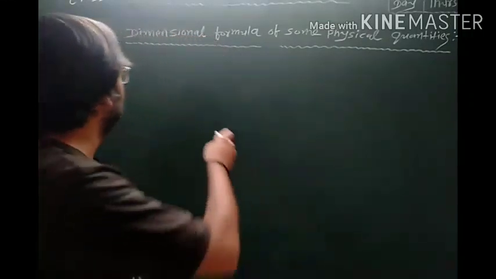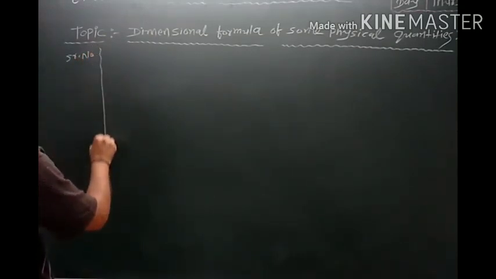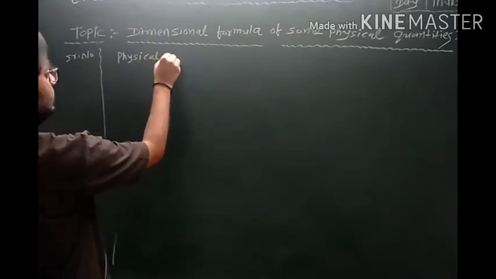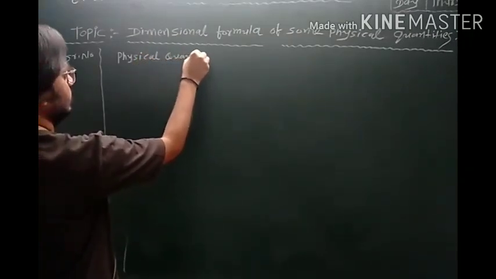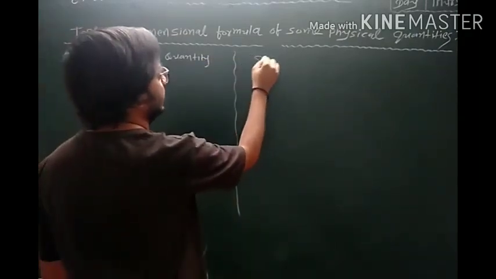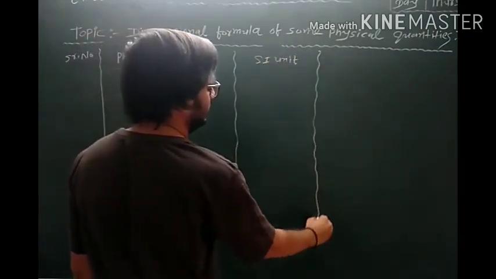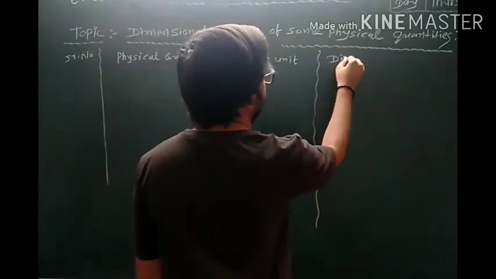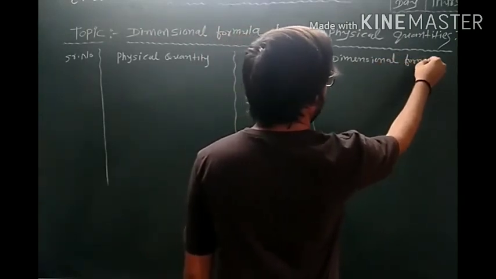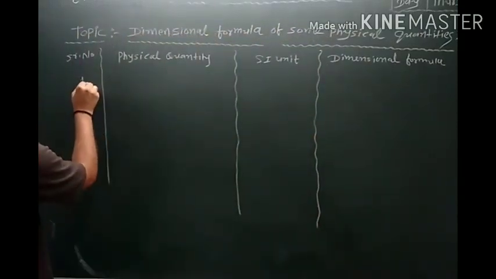Here you can write a serial number, then the physical quantity, then its SI unit, meaning standard unit, then the dimensional formula.